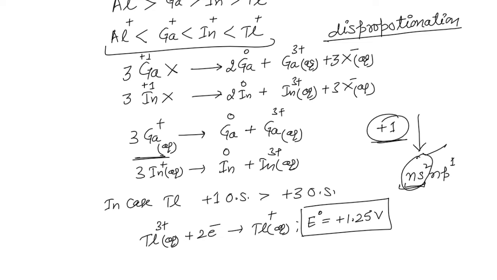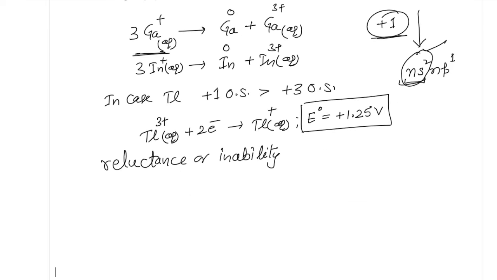It decreases. Means we can say reluctance, or we can say inability of s electron pair to take part in chemical bond formation, that is called inert pair effect. Means ns2 electron pair in case of gallium, indium and thallium tends to remain paired.